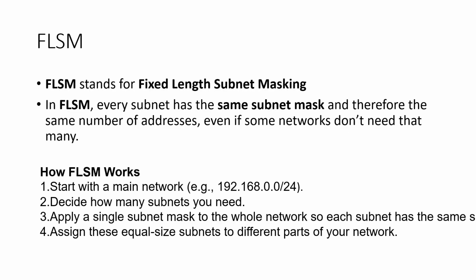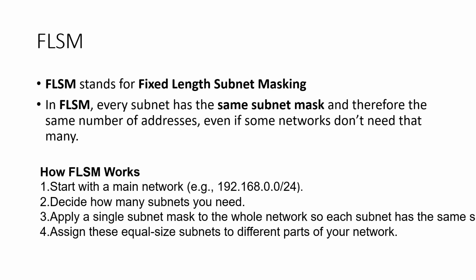Next one is FLSM, fixed length subnet mask. In FLSM, every subnet has the same subnet mask, that is /n should be the same for all subnets, and therefore the same number of addresses, even if some networks don't need that many.